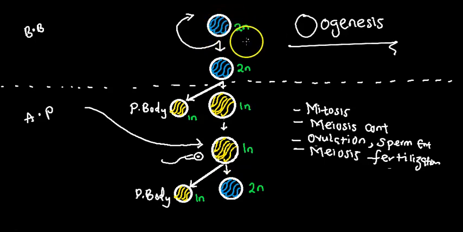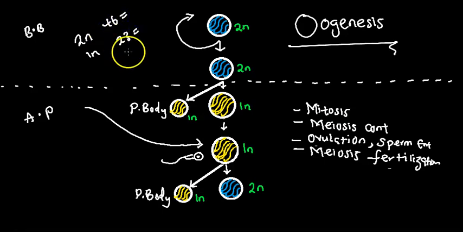This simply means that 2N means diploid and 1N means haploid. Let's take an example with numbers of chromosomes. If we have 46, this means they are diploid, and if they are 23, this means they are haploid. If you multiply 23 by 2, it's simply going to be 46.